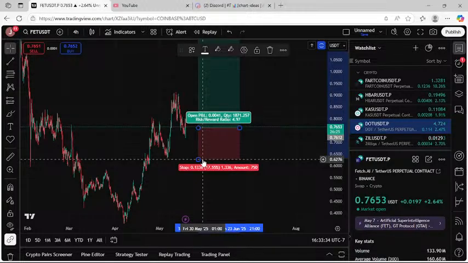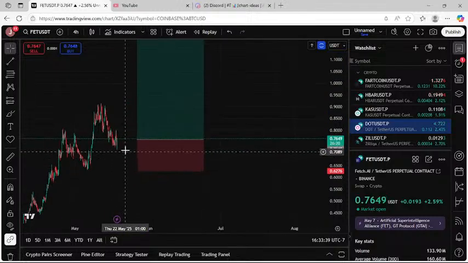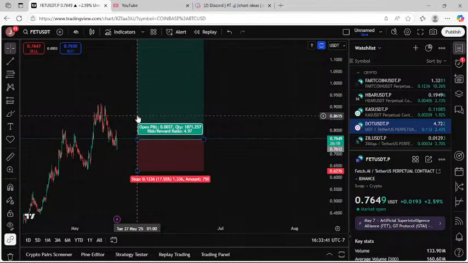So draw some big profits now. Now let's target for 84.55.